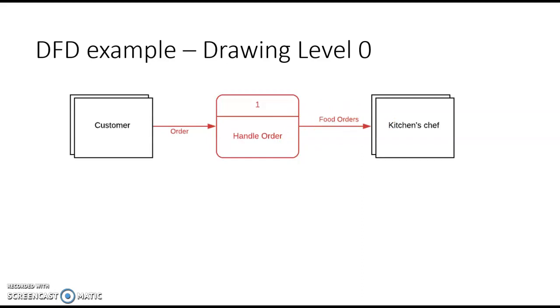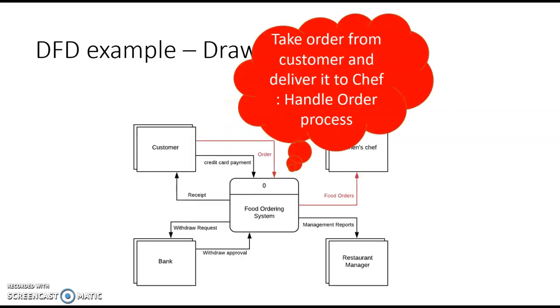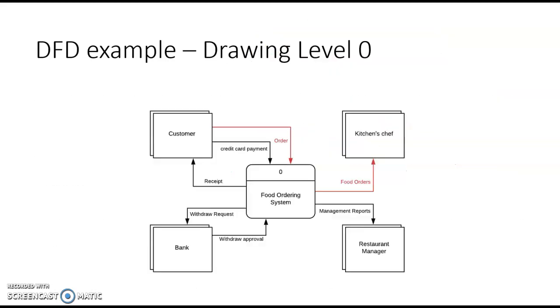Okay, before I continue, I need to go back and tell you something. When I move from the context diagram toward the level 0 diagram, I need to make sure that all the data flows that existed in the context diagram are conserved and placed into the level 0. What I mean is, when I finish my level 0, between the customer and the system I have 3 data flows: order, credit card payment, and receipt.